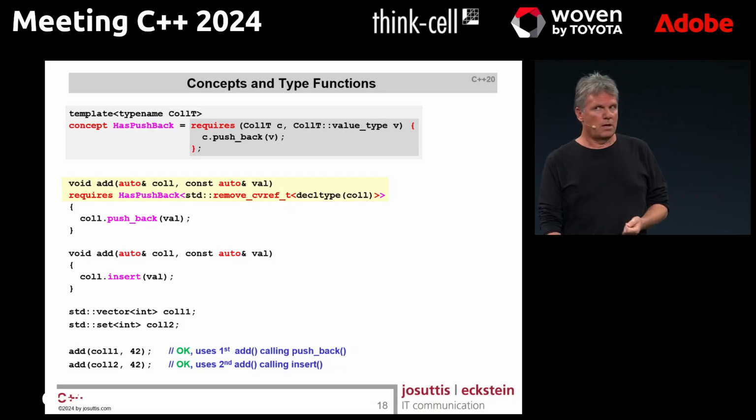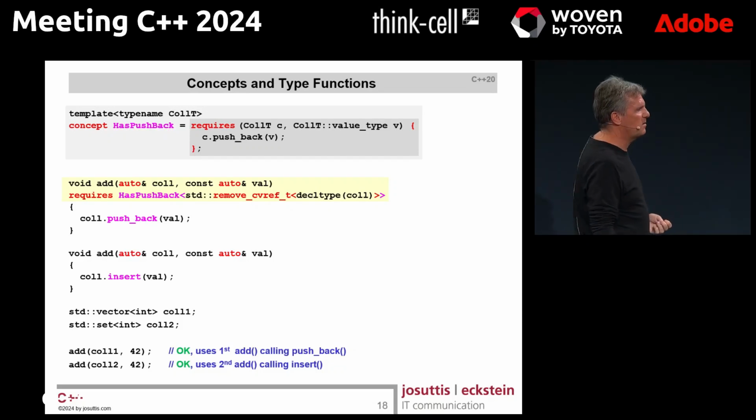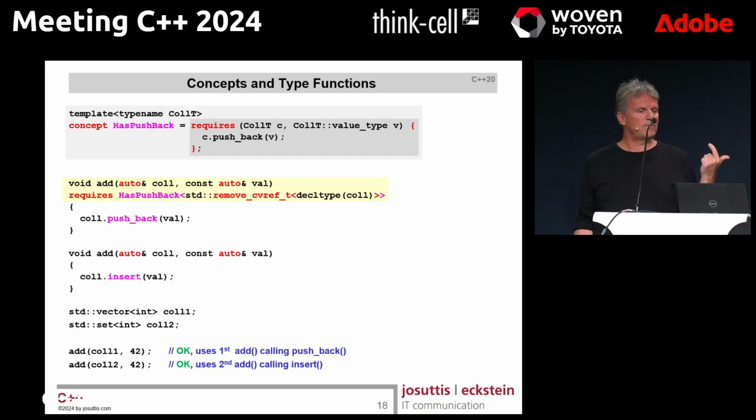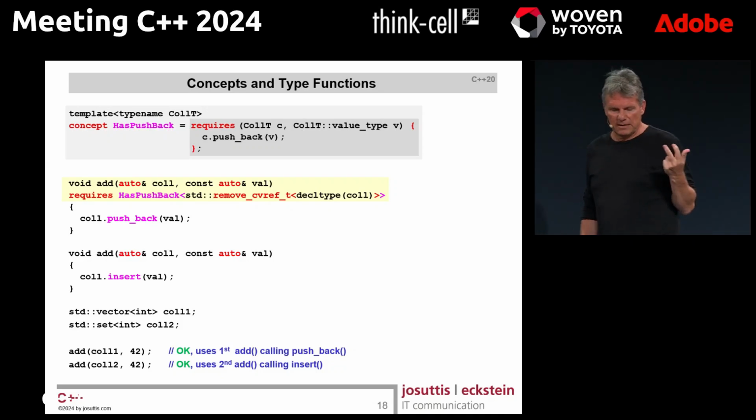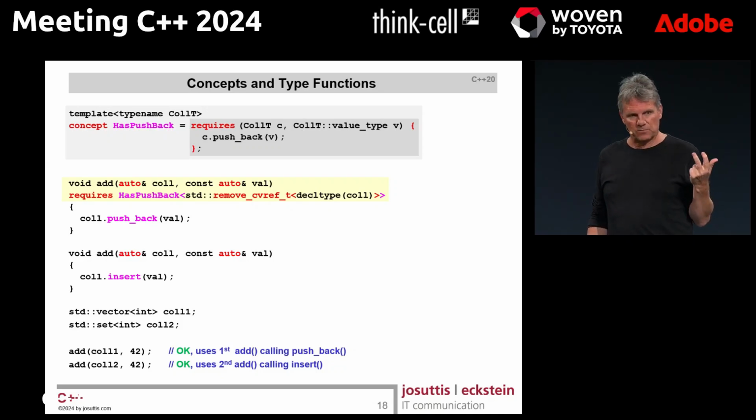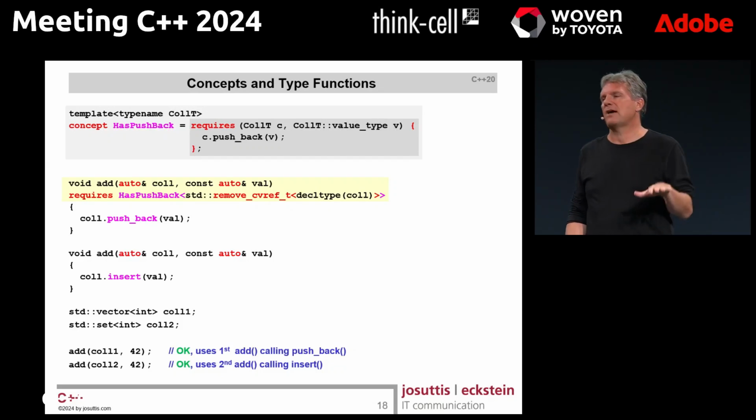There's a new type trait for that introduced in C++20, which is called remove_cvref, const, volatile, and referenceness, which replaces to some extent std decay, which we took for that as a workaround before. It's not necessary here because remove reference is enough in this case.